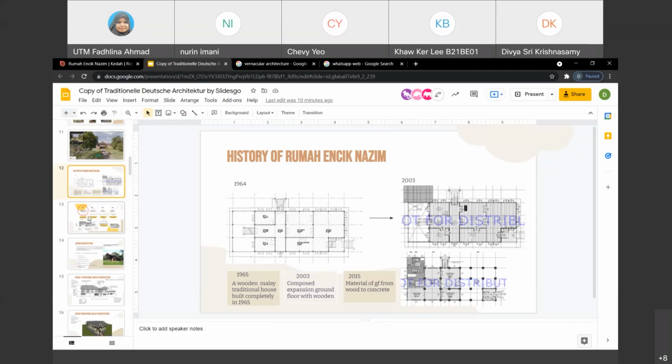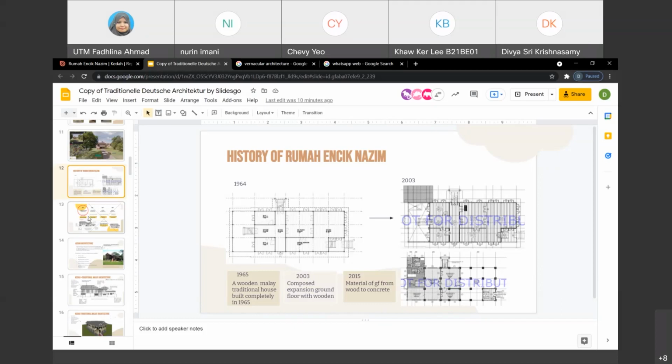Can you get both plans? On 2015, after the renovation, they have two levels of house, right? So in 2003 it's the same one. They only changed the ground floor into concrete.